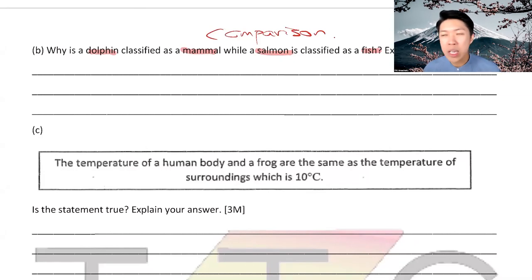Dolphin feeds milk to its young, but salmon does not. Dolphin has nipples, by the way, but the nipples are hidden. When it is needed, the young will have its beak close to the nipple, and then that's where milk comes out. Yes, in the water, they feed milk to the young, by the way.